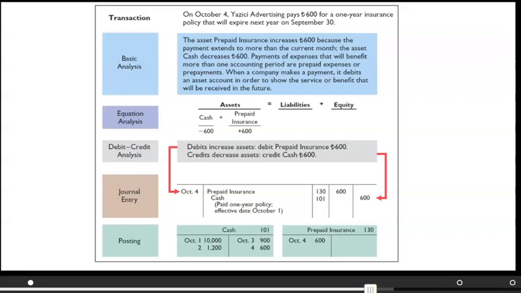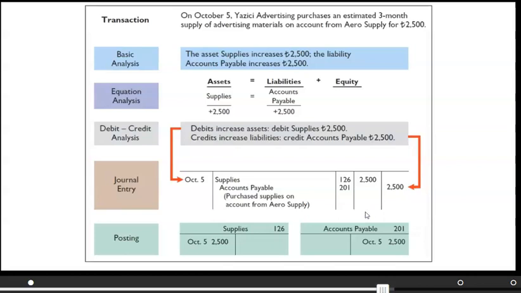So it's a debit to prepaid insurance, and I paid with cash, so I credit cash. And I posted, and you can notice that with these T accounts, we have to add them up later, but if we had a real ledger card, we'd be keeping the balance on a regular basis. Then I bought supplies on account. Debit supplies, credit the liability, accounts payable.